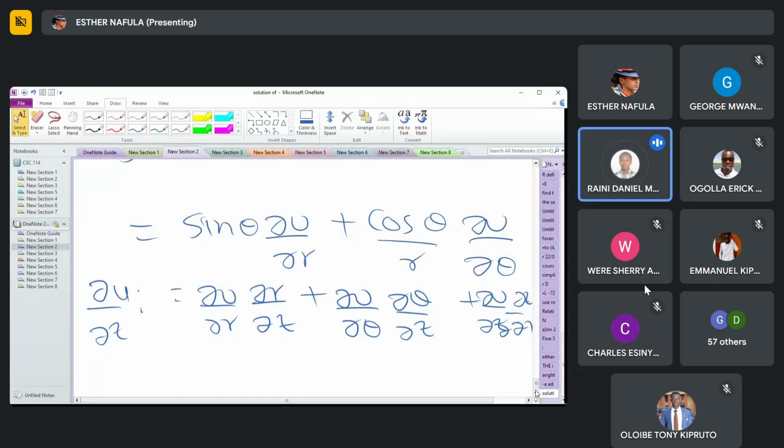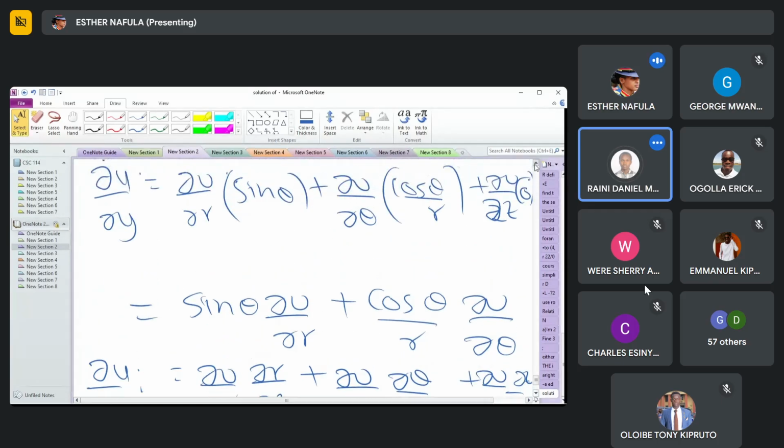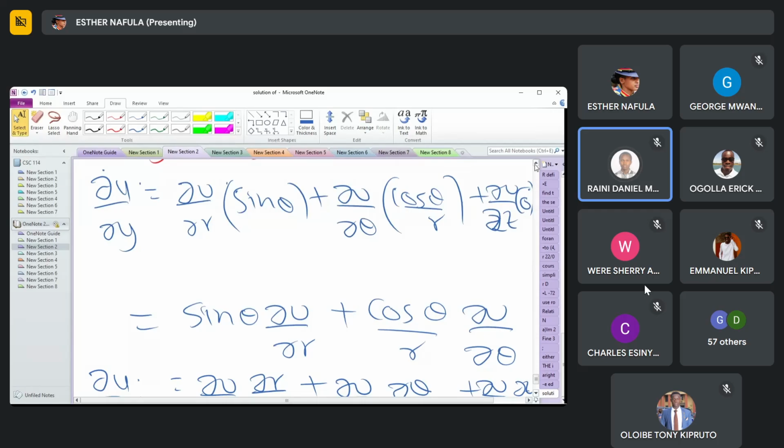Up. There. This thing is 0. Partial u partial z times 0.